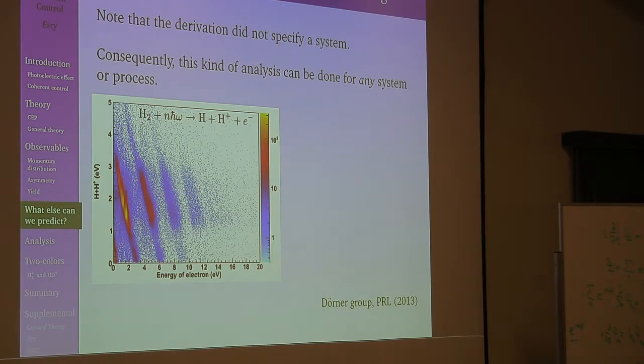Let me take a couple more minutes, because I want to address what Ken brought up. How can we use this picture to predict things for maybe more complicated systems? Well, I showed you this picture before. This was the multi-photon structure in dissociative ionization of H2.